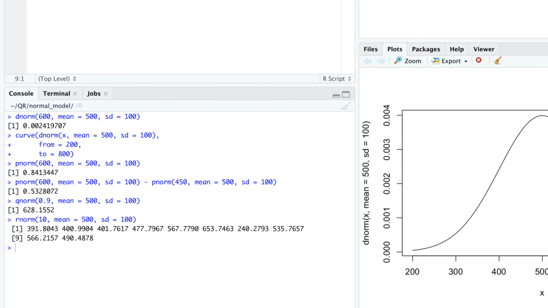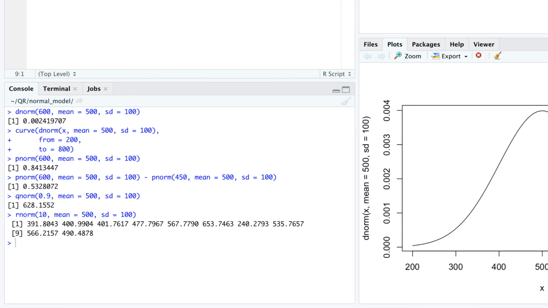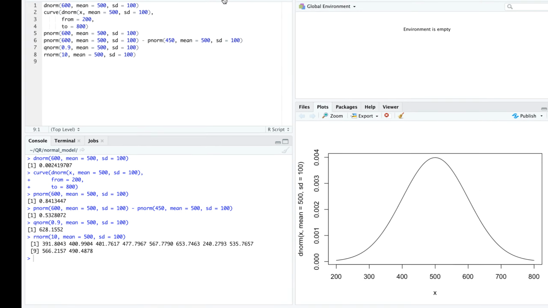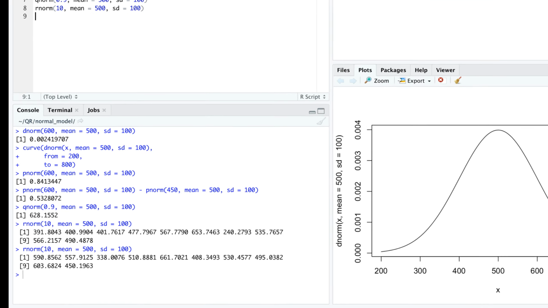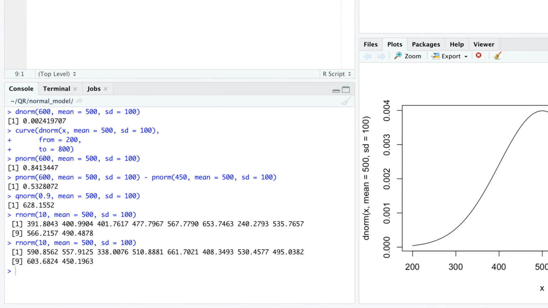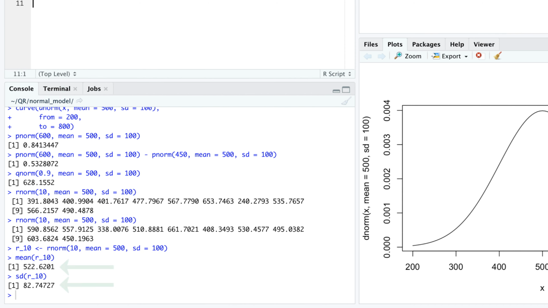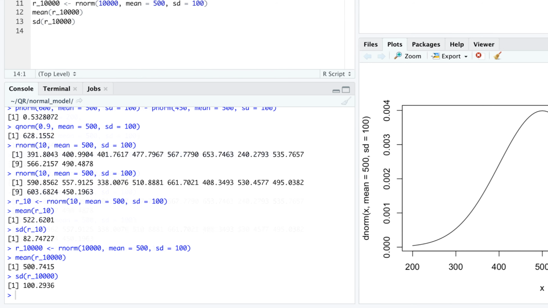Because these numbers are random, your numbers are very likely to be different from mine. You will get yet another set of numbers when you run the same command a second time. The mean of these numbers isn't exactly 500, and the standard deviation isn't exactly 100. However, if we generate a much larger sample of random numbers, for example 10,000 instead of 10, the mean and standard deviation of the sample comes closer to the specified parameters 500 and 100.